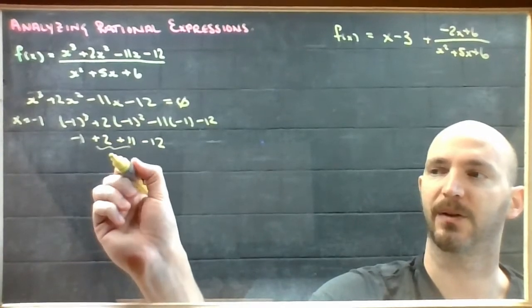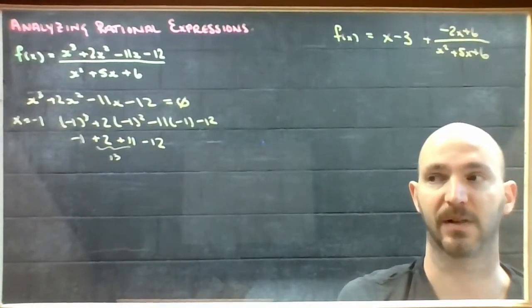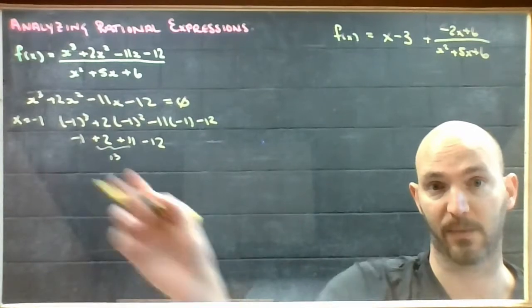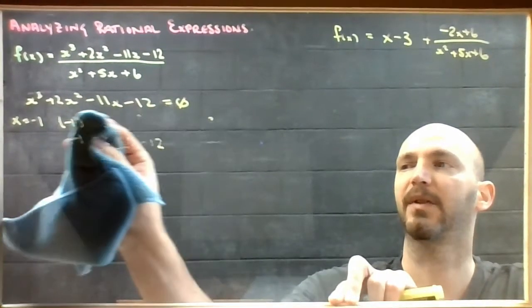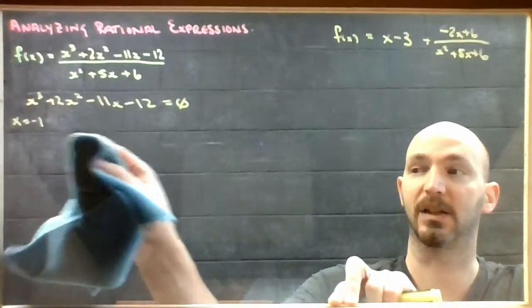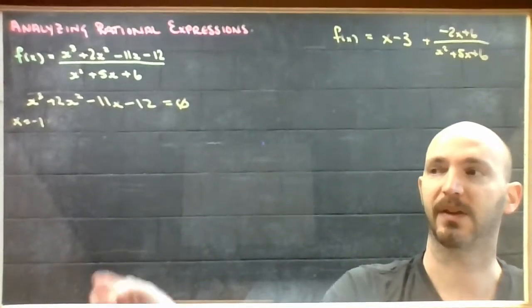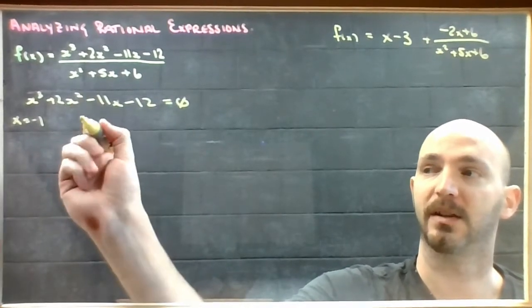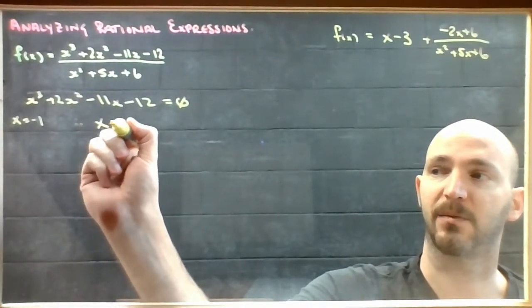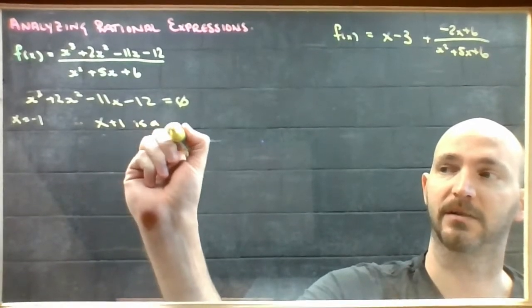Those two together are 13. Minus 1 minus 12 is 13. So indeed, that works. So now that I've figured out a value that is a solution, since x equals negative 1 is a solution, therefore x plus 1 is a factor.